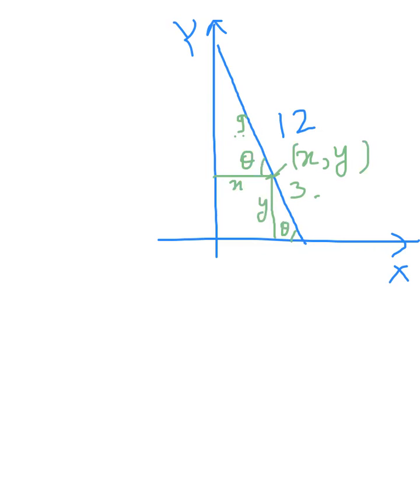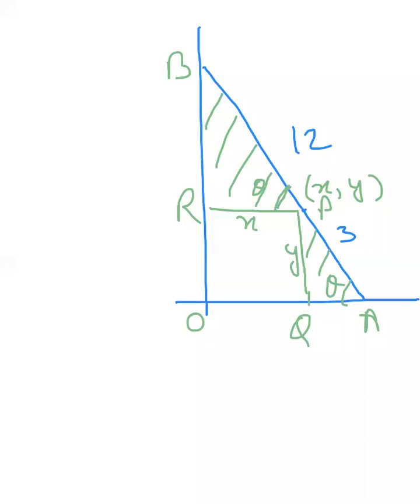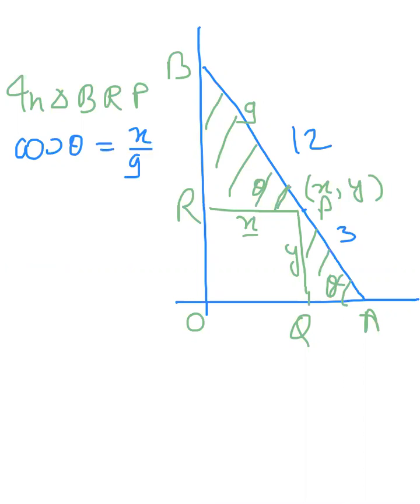Now we are applying it in triangle OA. Next we move in this triangle, BRP: base and hypotenuse, so cos theta equals base upon hypotenuse, x upon 9.